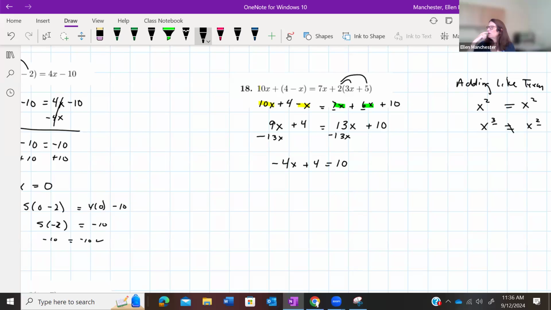So 10x minus 1x is 9x. And then 7 and 6 x's is 13x. And then I'm going to move the 13 over. And again, if you decide to move the 9 over, that's fine. We'll get the same answer. And then divide by -4.